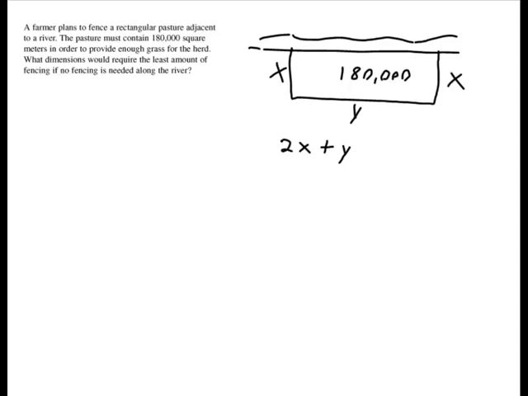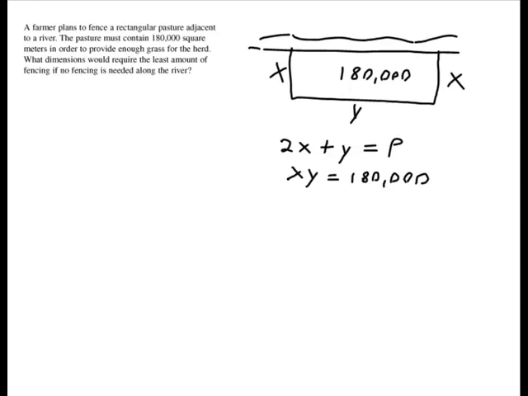The river is the border on that side, and the perimeter is what we're going to be solving for, so that's just equal to P. But we can also write the equation for area of a rectangle, length times width, and we know we want that to be 180,000. So from that, I hope you're beginning to see at least where this is going.